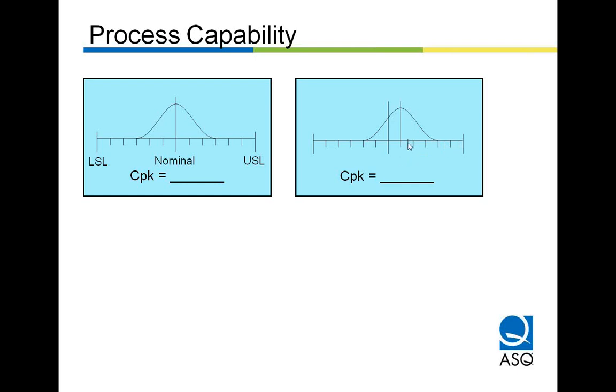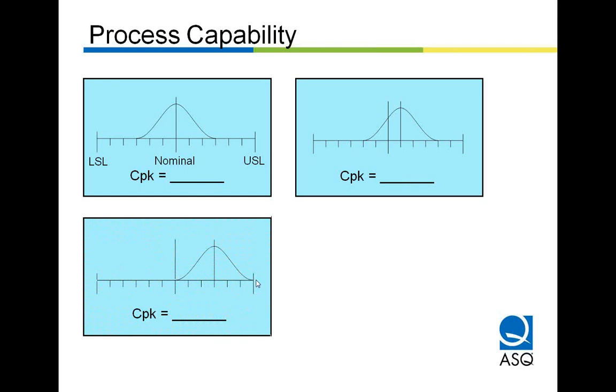And each standard deviation in a graphical interpretation has the value of 1/3. So from the mean to the nearest spec limit, be the upper spec limit minus the mean, there are 5 standard deviations there, each worth 1/3. So we've got 1/3, 2/3, 3/3, 4/3, 5/3, a CPK of 1.67.